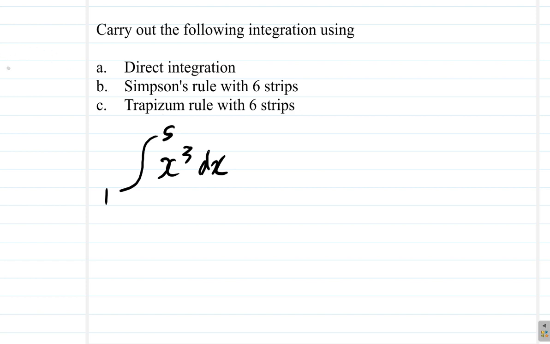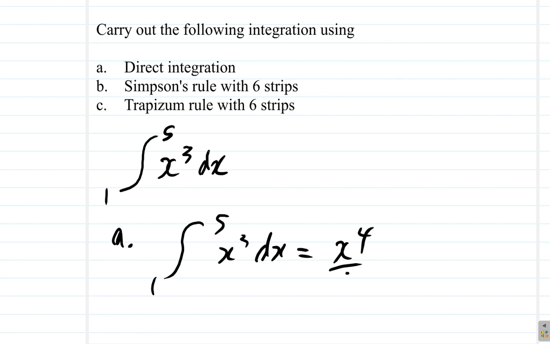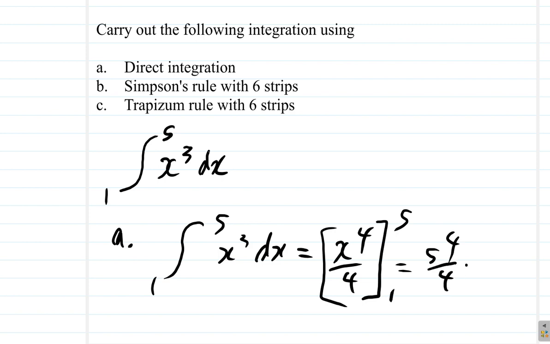Let us see. Alright, so direct integration, finding the integral from 1 to 5 of x cubed dx, is going to be x to the 4 over 4 from 1 to 5, which is 5 to the 4 over 4 minus 1 to the 4 over 4.